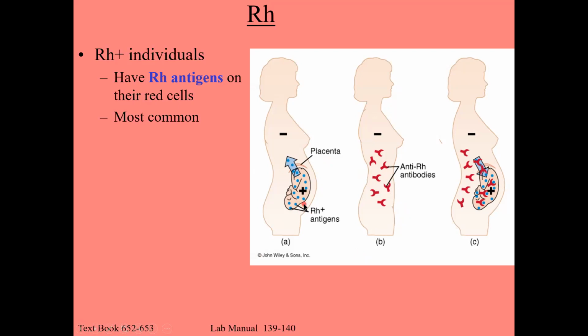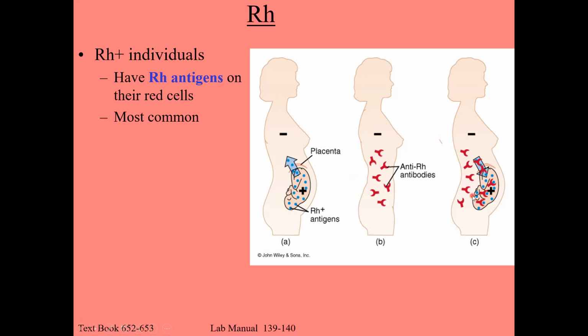And remember, the baby is coming with rhesus positive blood. So over the next couple of weeks and months, the mother's immune system recognizes the rhesus factor and starts making antibodies. That's fine. It stays in the mother's circulation. Baby is born, baby is fine, mother is fine, everything is okay.